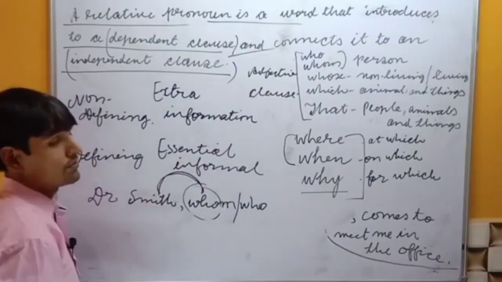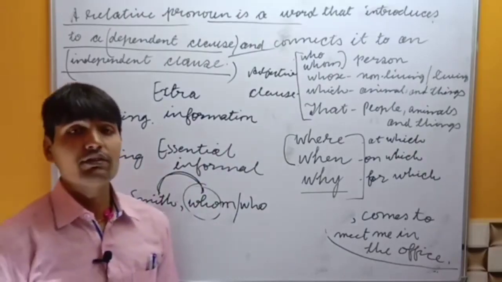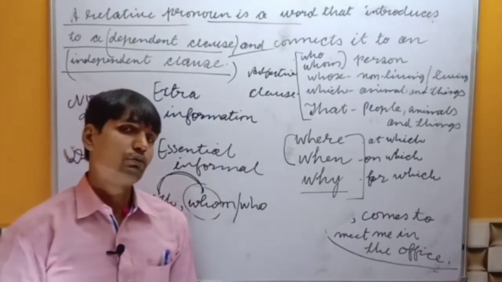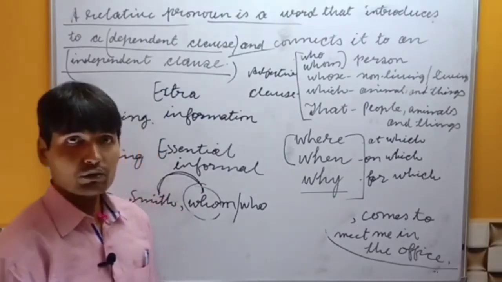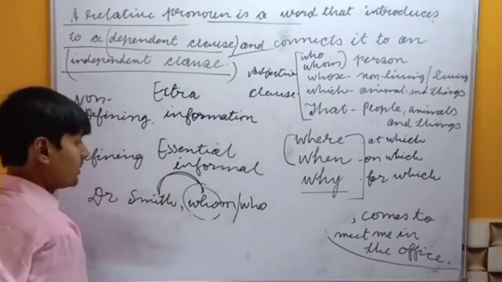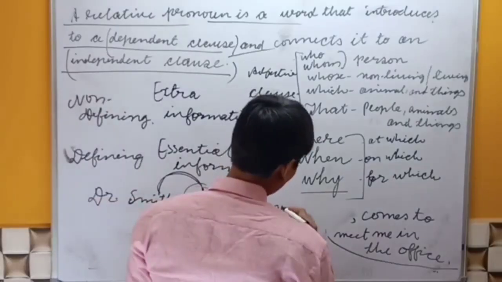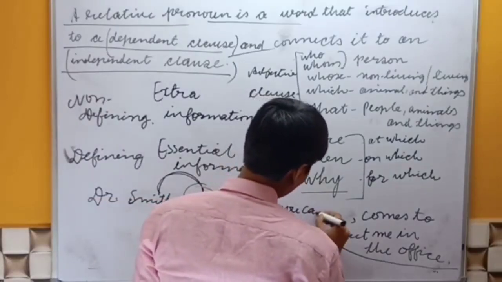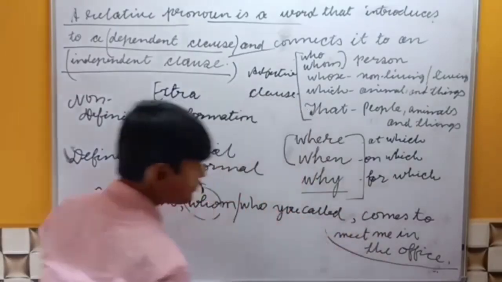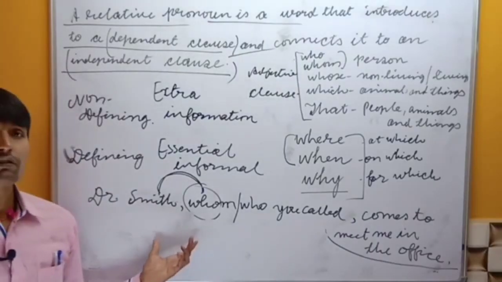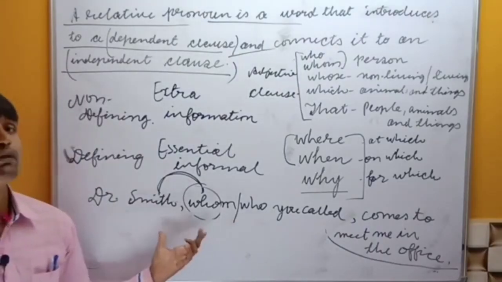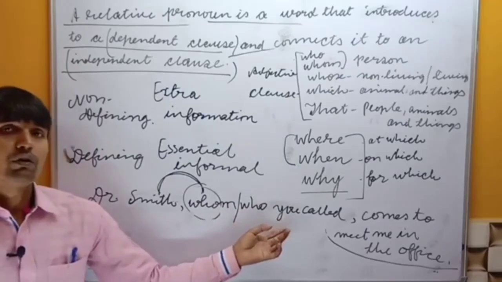But in writing, the strict, standard way is to always use whom in a formal sense. So avoid using who here in the objective. Dr. Smith, whom you called, comes to meet me in the office. It means there is a person, Dr. Smith, and someone called Dr. Smith. And who called? You called.